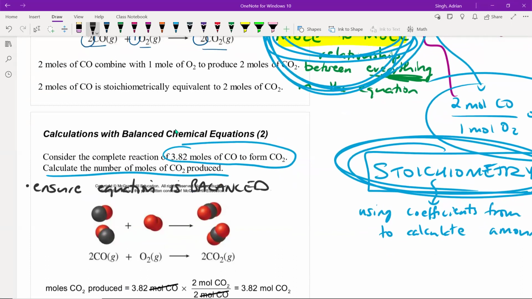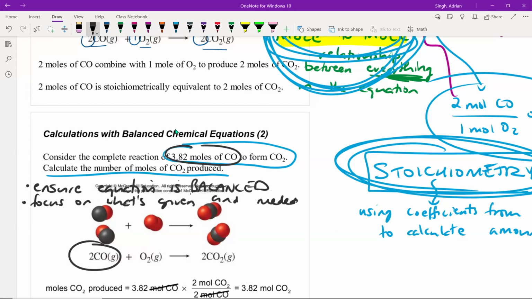Okay, and then all we need to do is focus on what you're given and what you need, right? Those are the things that we're trying to relate. So here, we're given that we're starting off with 3.82 moles of CO. And we need to figure out how many moles of CO2 is produced.